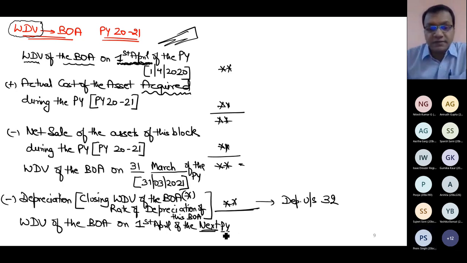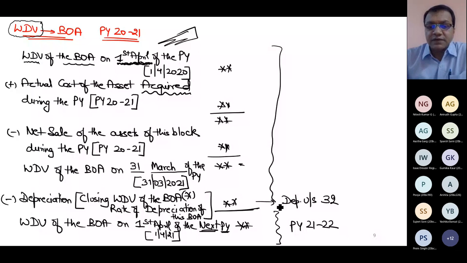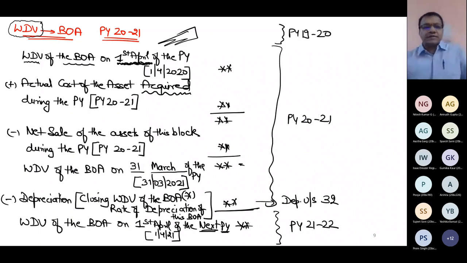Next previous year. That means this will become the WDV of 1st April 2021, and this chain goes on. And now after this previous year, 21-22 will start. Till here, previous year 2021 is going on. Before that, previous year 1920 was going on, and the chain goes on. That's it. Please raise your hand if the concept is clear.